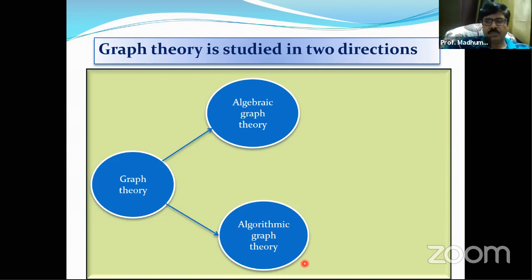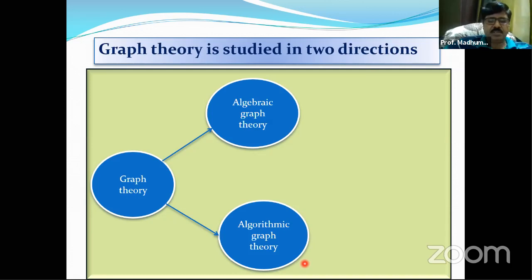So if you have this basic idea of data structures and memory organization, you can study this particular area, algorithmic graph theory. Generally mathematics people work on algebraic graph theory and computer people work on algorithmic graph theory.